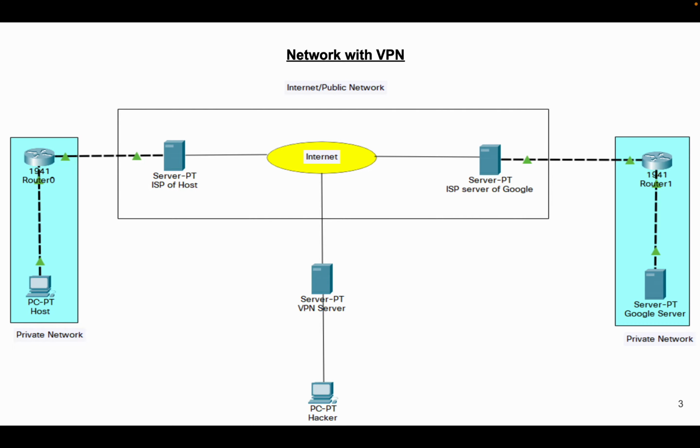So it makes it very difficult to trace a hacker who is using the VPN server, and all the data he is accessing from the internet will be encrypted using the AES encryption method. That's why it is not easy to trace this hacker.